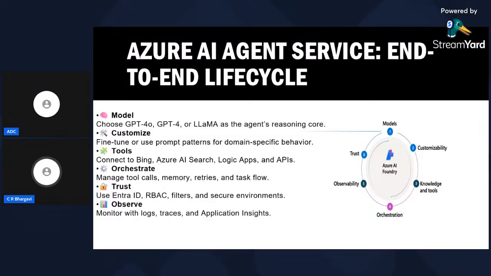Observability is when you have to monitor your model with the help of logs, traces, Application Insights and other things. Then you have observability added.